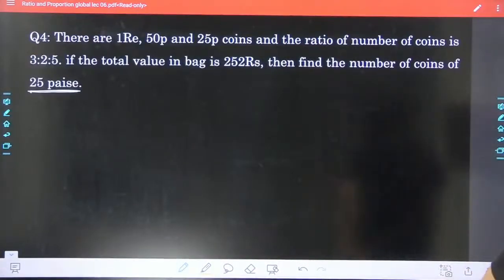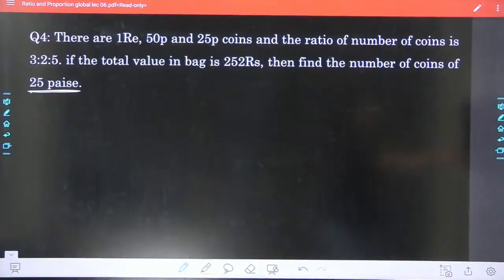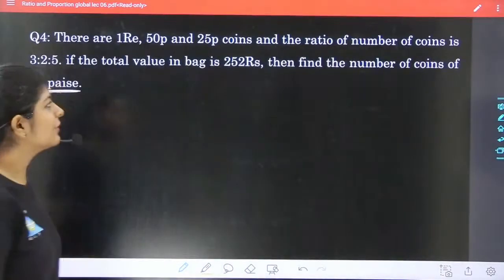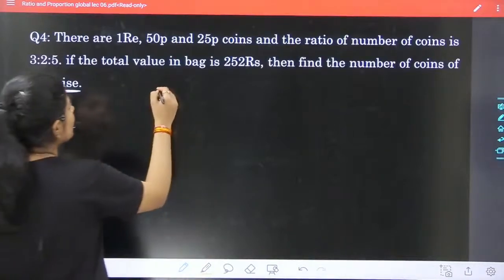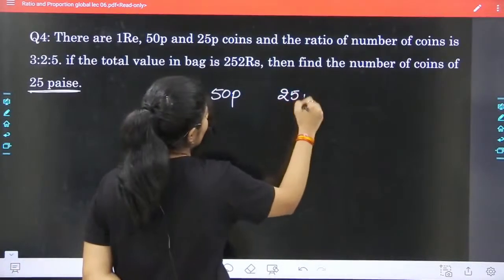What I have to do is find out the number of coins of only 25 paisa. How do I calculate this? Again, I am having 3 types of coin in my bag: 1 rupee coin, 50 paisa coin and 25 paisa coin, right?